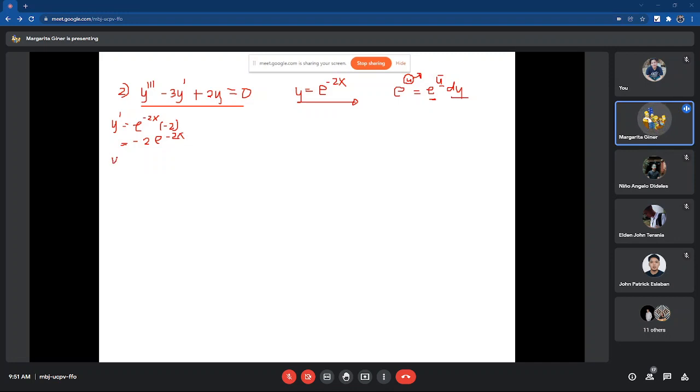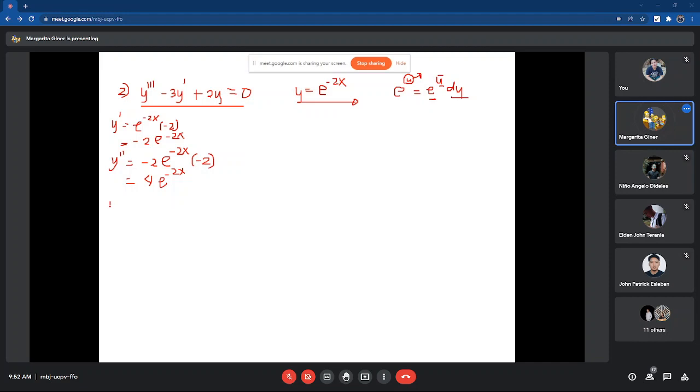Okay? Second derivative, so again, you have here negative 2 e minus 2x. Solve the derivative of negative 2x, which is negative 2 again. Negative 2 times negative 2, that is positive 4 e raised to negative 2x.